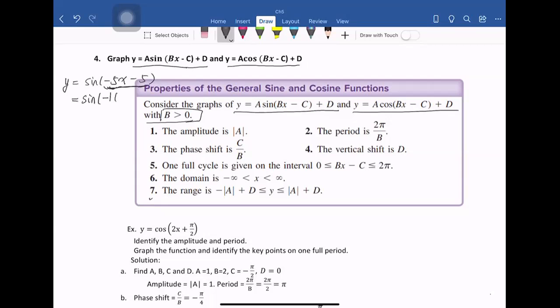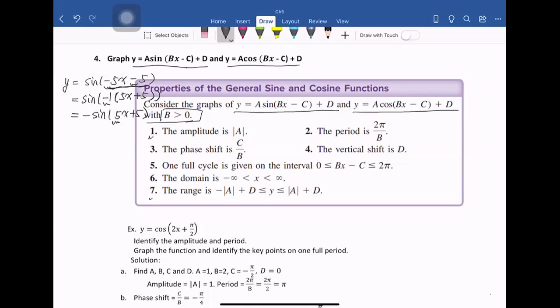So in the parentheses, we have 5x plus 5, because I pulled out a negative 1, the sign changed. And this one has a negative sign in front, sine of negative (5x plus 5). That means the b here is positive, equal to 5. Okay, let's see the 7 properties.